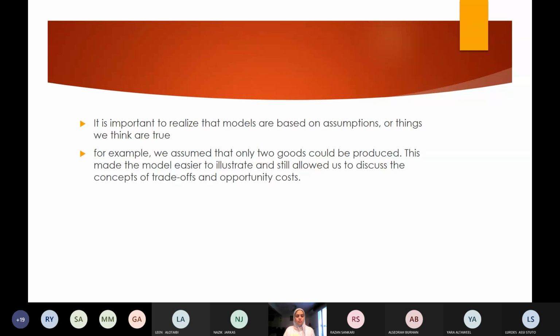For example, we assume that only two goods could be produced, whether to buy the car or to buy the books, or to buy from Stradivarius, whether to produce cars or produce cloth. This makes the model easier to illustrate and still allows us to discuss. So we can build the model, write the options and choose.